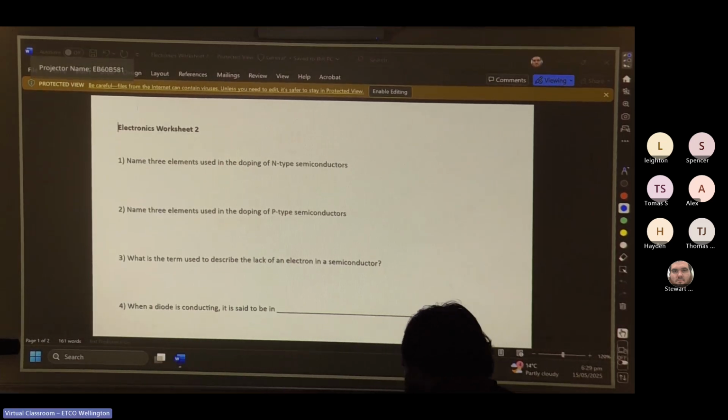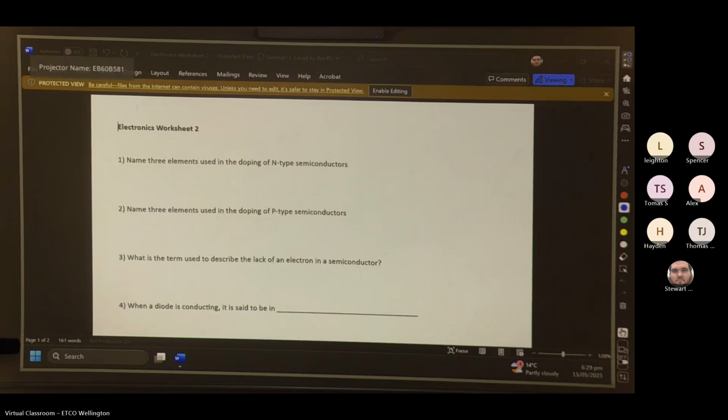All right, has anyone got some answers for me for question 1? Okay, so silicon is the actual semiconductor material.